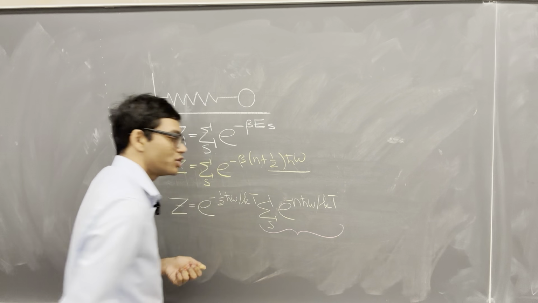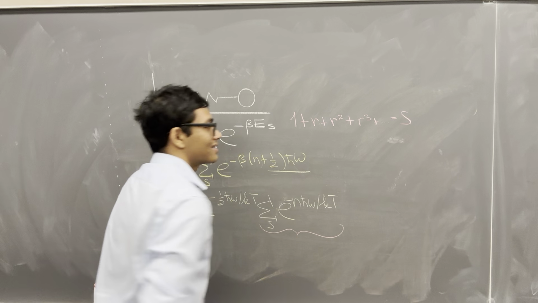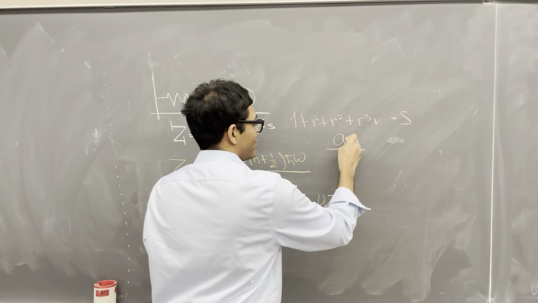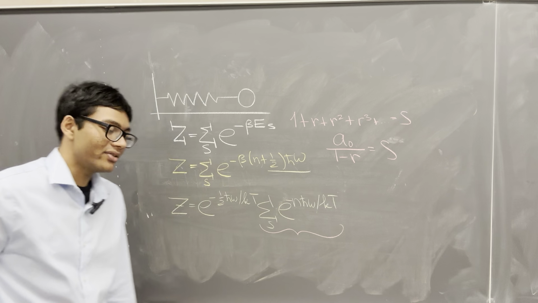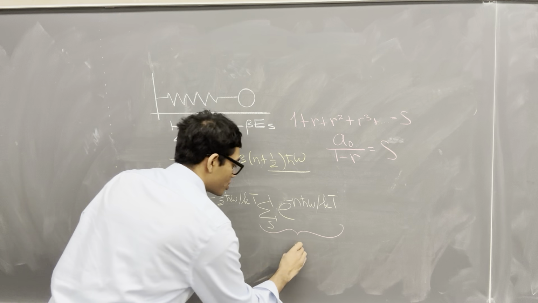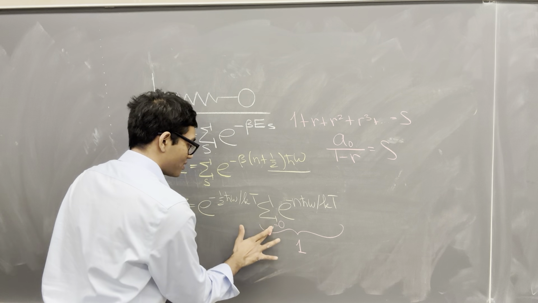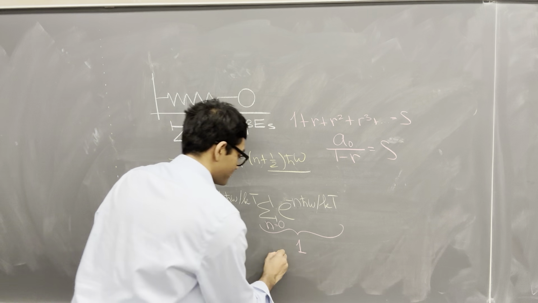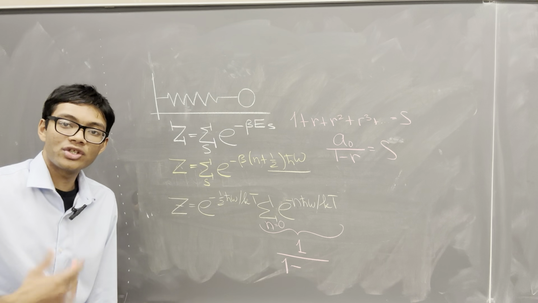A geometric series like 1 plus r plus r squared plus r cubed, let's call the sum of that S. Well, that sum is simply the first series term, a naught, divided by 1 minus r. That's the sum of a geometric series. So we simply take the first term in this geometric series, which will be 1 because it starts from s equals 0, or actually I should use n instead of s now because I'm summing over those n states, divided by 1 minus, what is my geometric ratio?